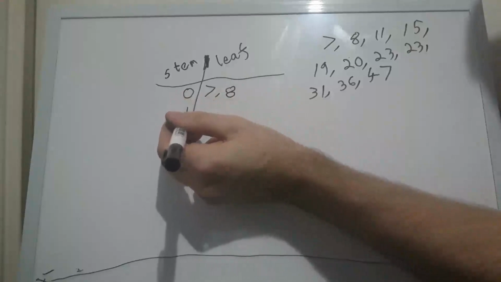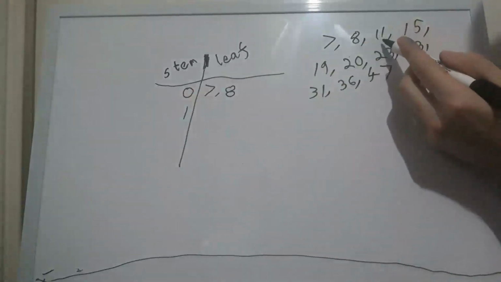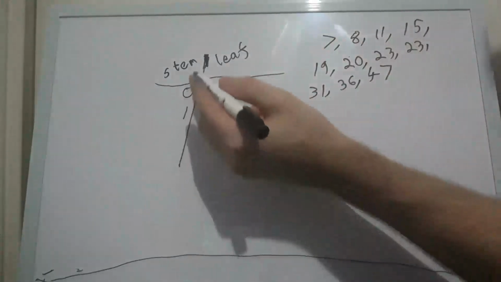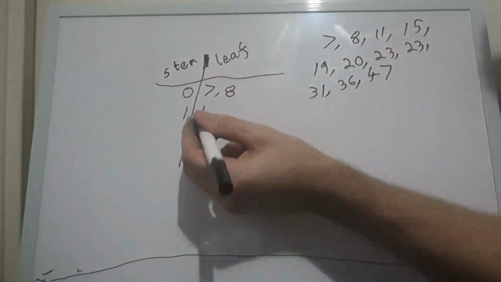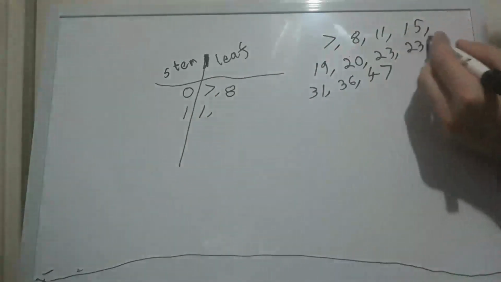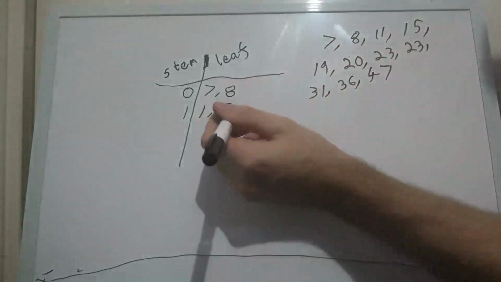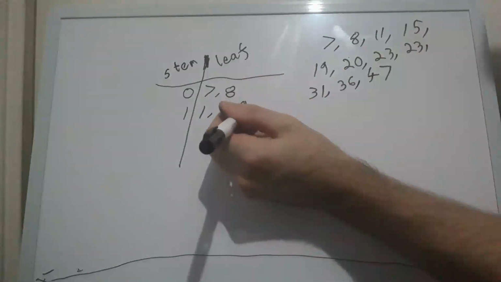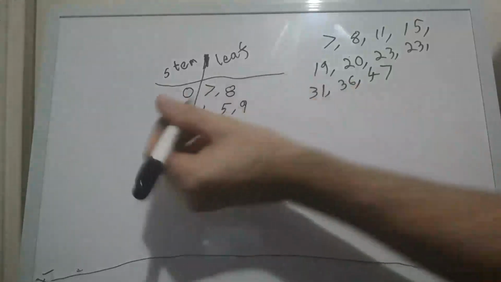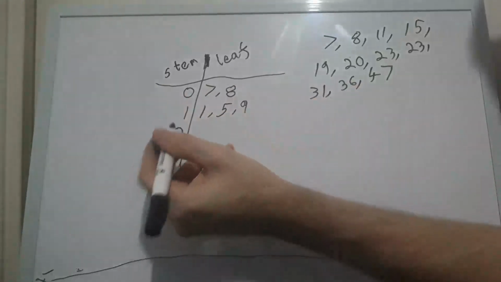Now, the next number we have is 11. First digit in 11 is a 1, so it will be in the stem of the 1, and a 1 for the leaf. Next one is 15, so I'll put a 5 in the leaf. And the next one is 19, so we have that, and I'll fill out the rest of this just for completion's sake.